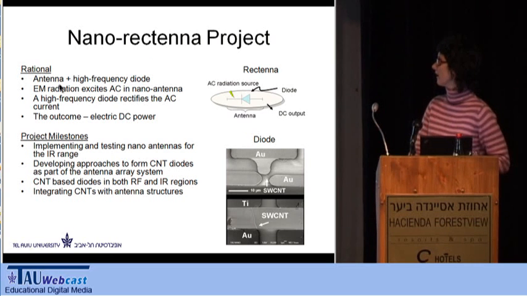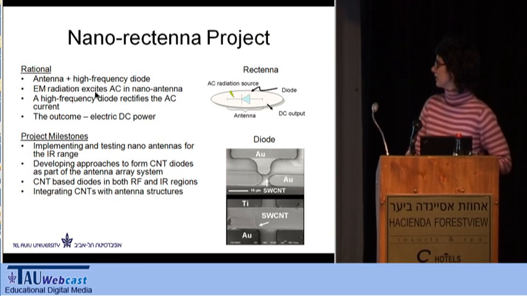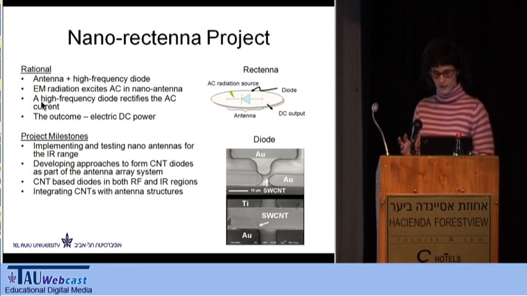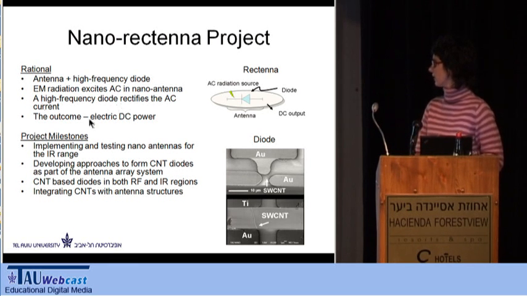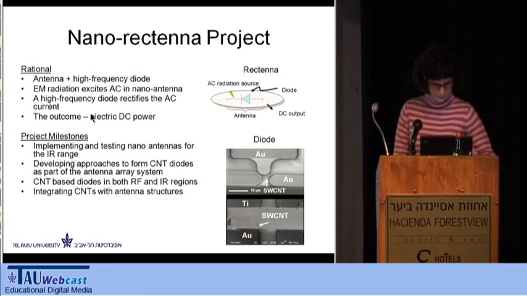So we need an antenna and a high-frequency diode, which will take the electromagnetic radiation and excite the nano-antenna with AC radiation. Then the implemented high-frequency diode will rectify the AC current into DC electrical power.